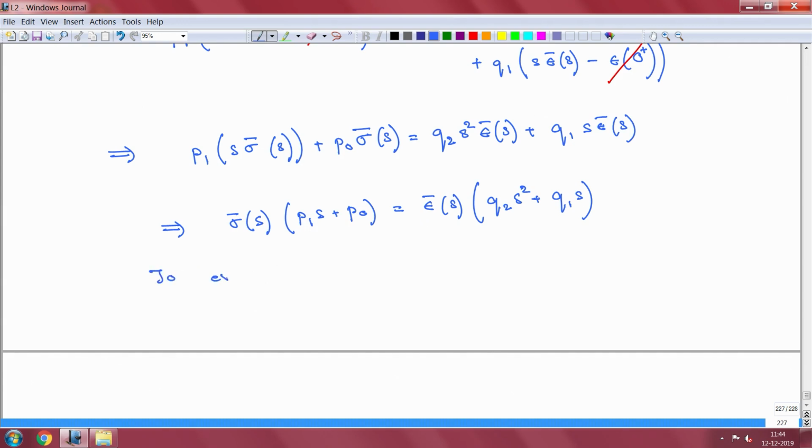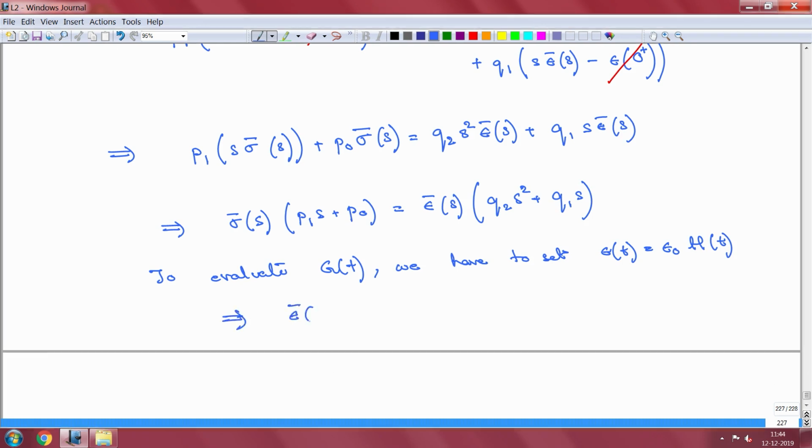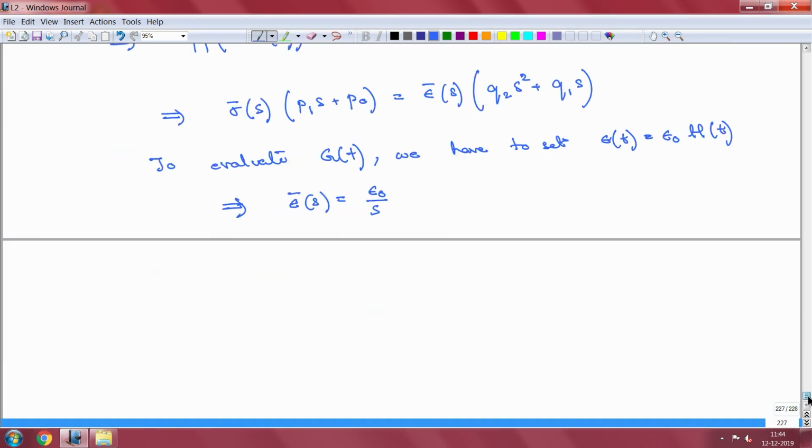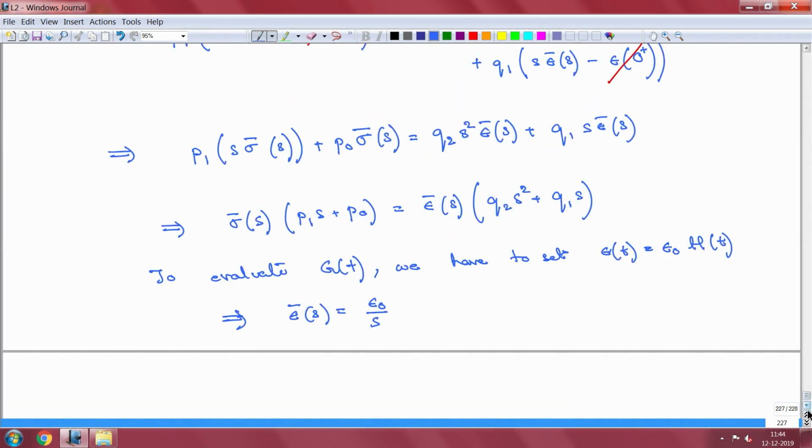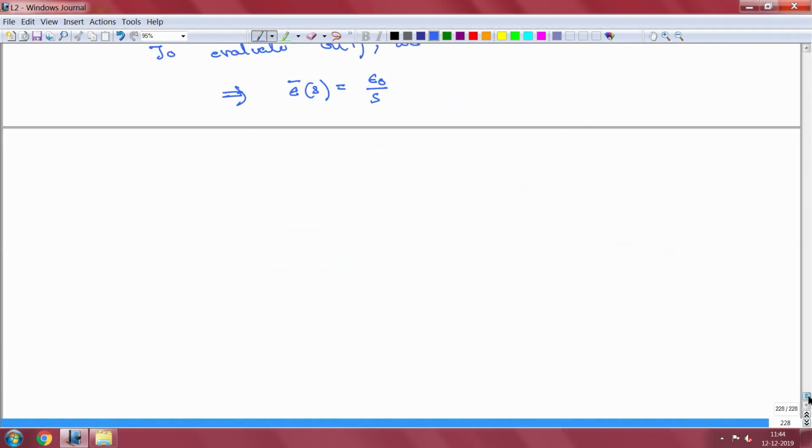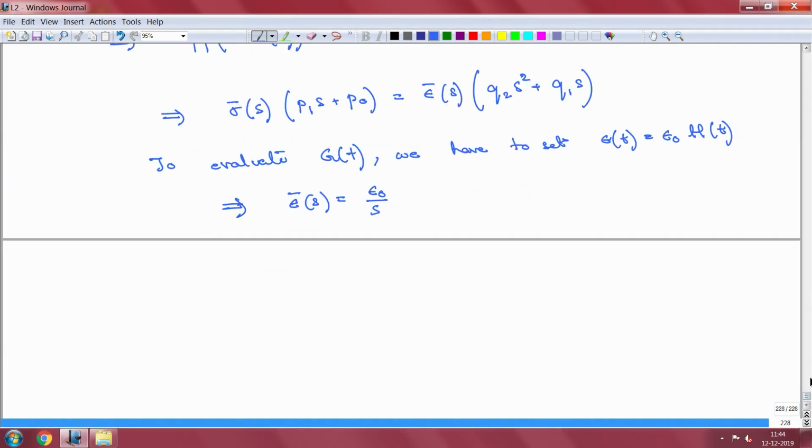To evaluate G(t), we have to set epsilon(t) equal to epsilon naught times the Heaviside function, which implies that epsilon bar s in that case will simply be epsilon naught by s.